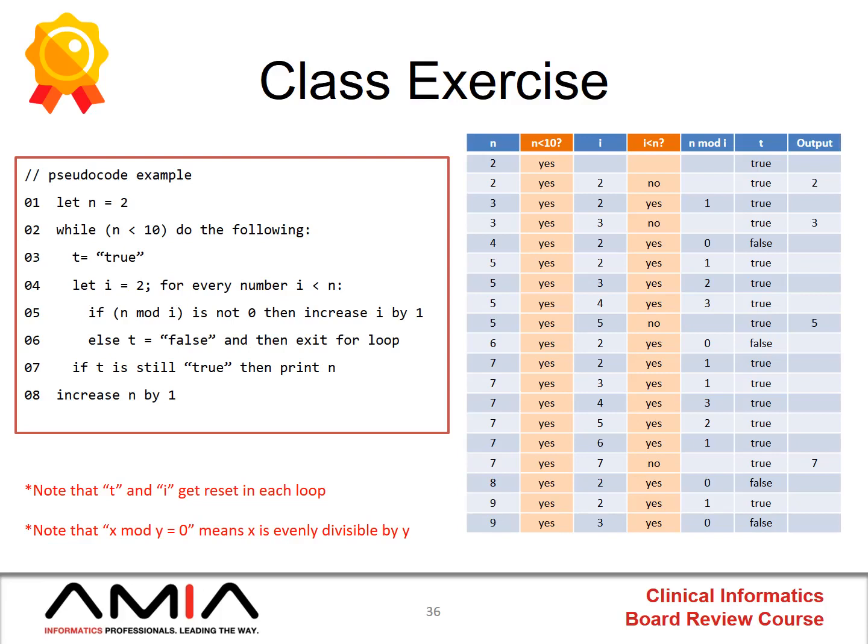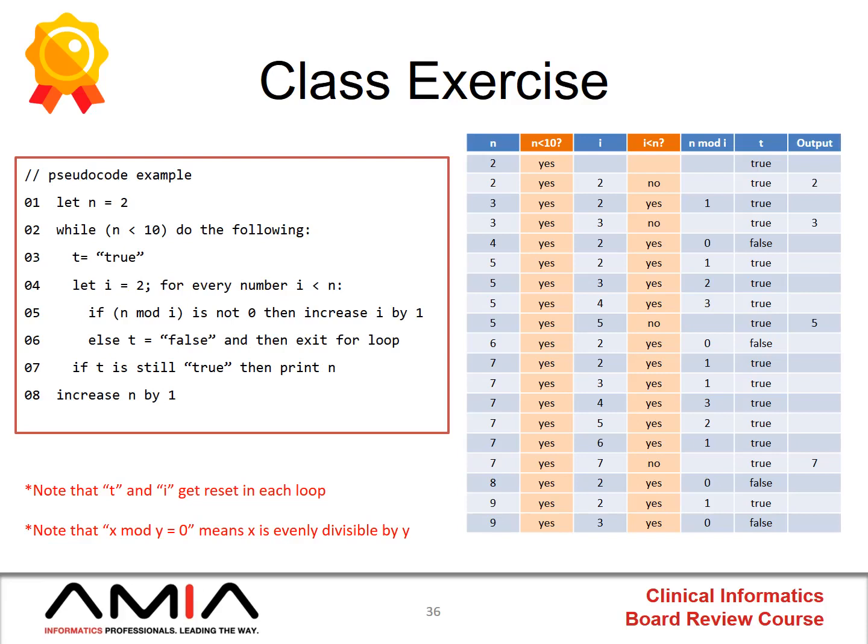So I created a table that included not just the variables n and i and t and the output, but also two special columns for the conditions that I want to track, namely whether or not n is less than 10, which is the condition in line 2, and whether or not i is less than n, which is the condition in line 4, because I have a control structure there: for every number where i is less than n, do something. I also wanted to track this value n mod i for reasons that will become apparent a little bit later.